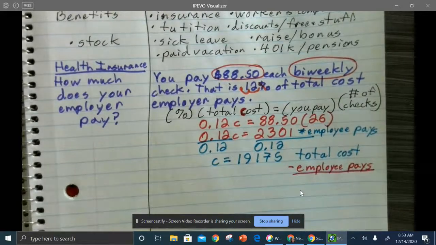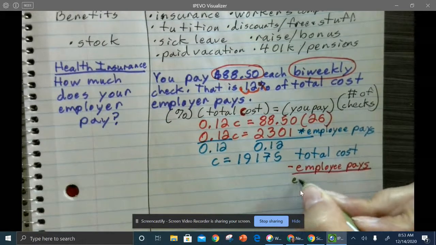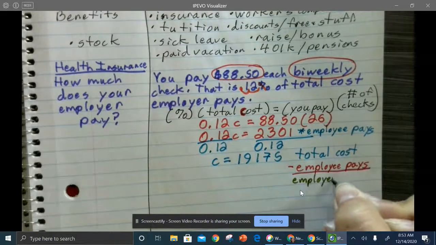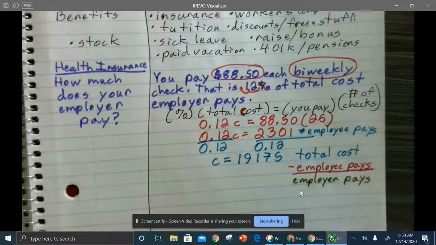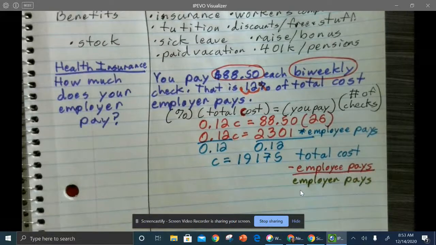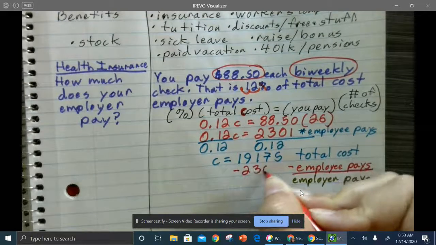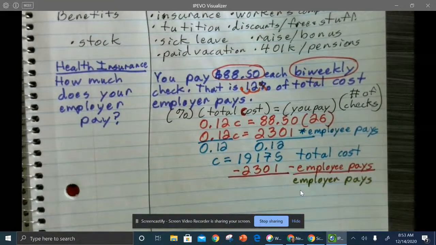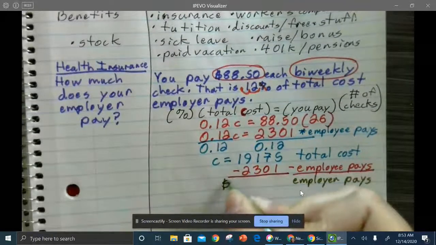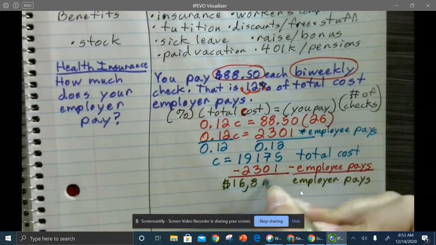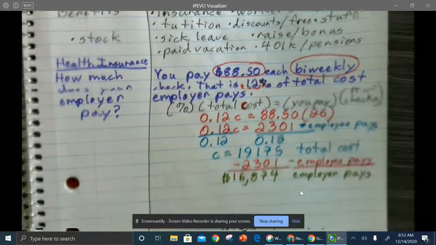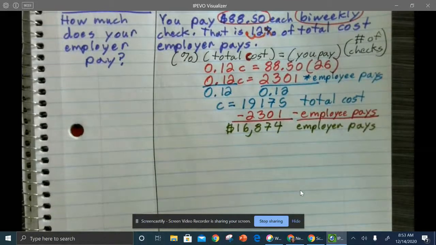Okay, everybody is going to give you what the employer pays. Okay, so I'm going to put your amount in there. So the 2,301. You subtract those two. So your employer pays $16,874. So think about when you're looking at your pay that also has to include the health insurance.